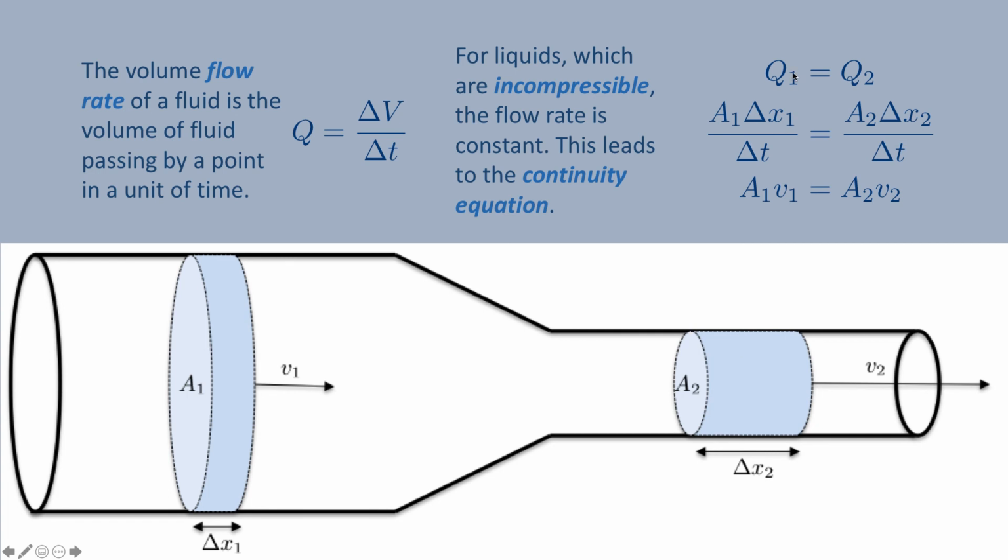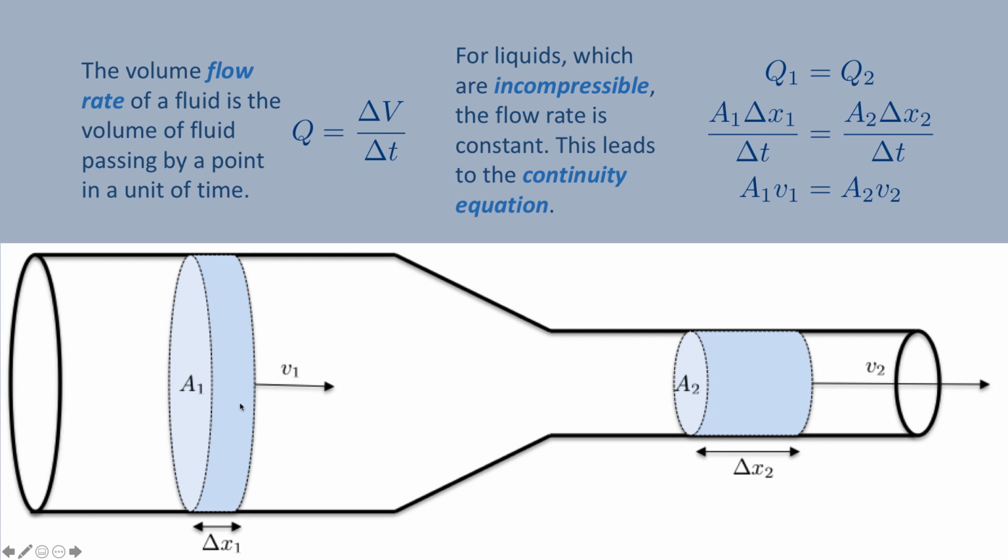Now if we break down this flow rate into volume over time, the volume would be the area times the width. So we have area times width, and then the time we'll leave as time. Now that's going to be the same on both sides. And then we can identify delta x, this width, over delta t as the velocity.